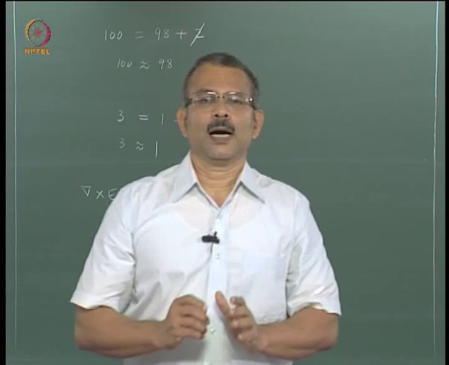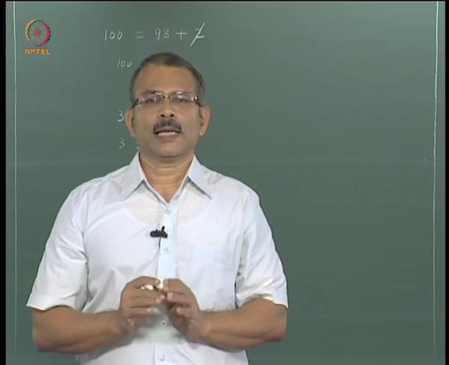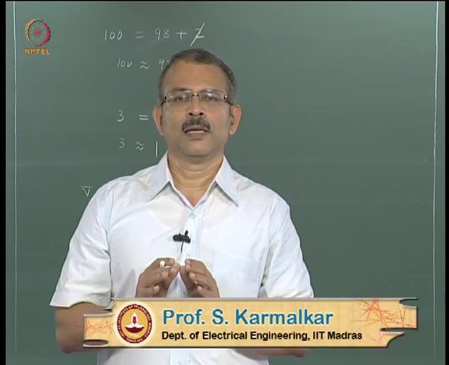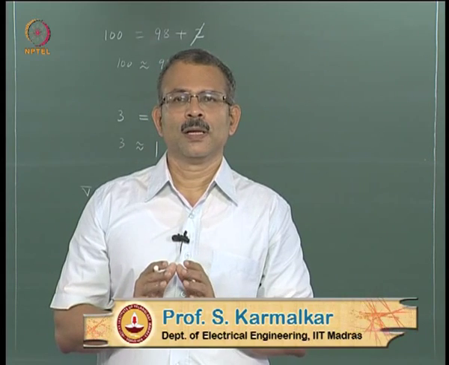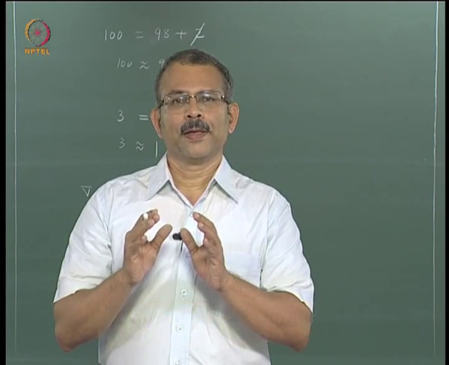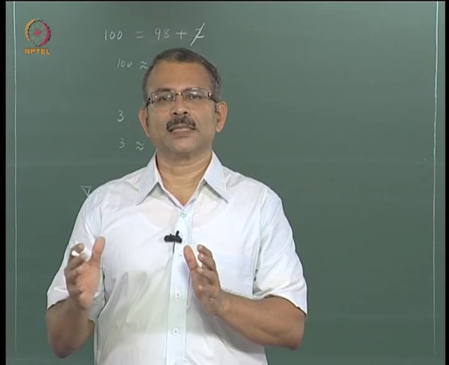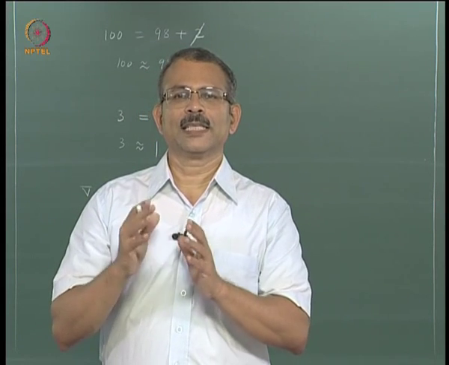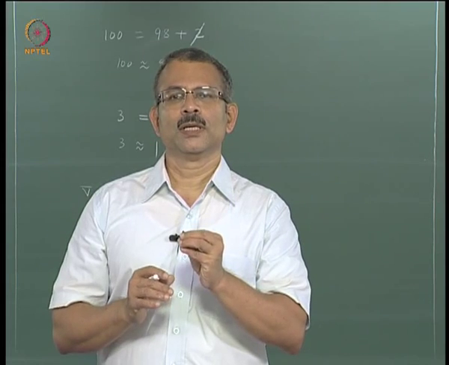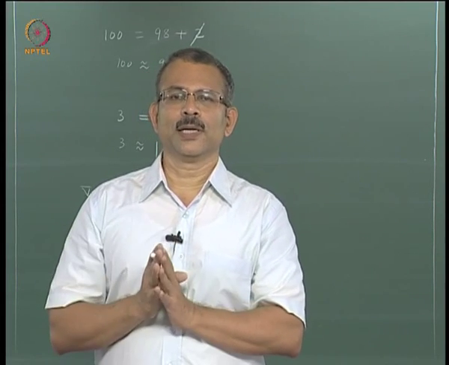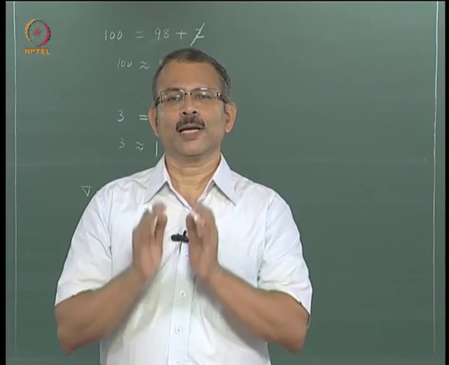At this point I want to caution you that since there are many quantities used in this particular course and we do not have as many different letters to indicate these quantities, sometimes some symbols will be used for meaning different quantities. From the context it will be clear what that symbol means.